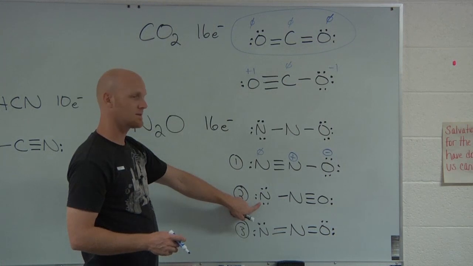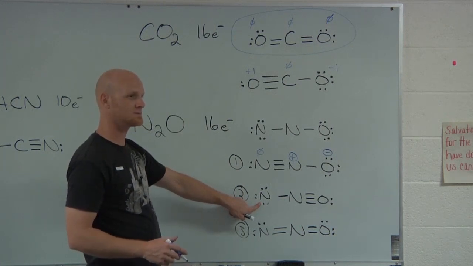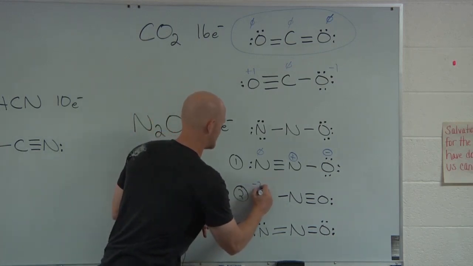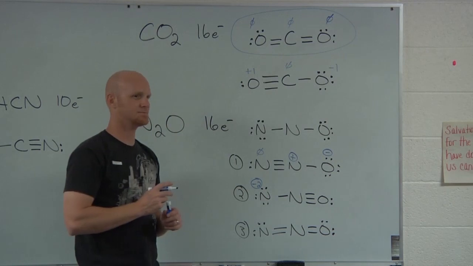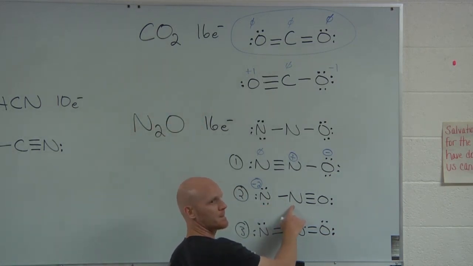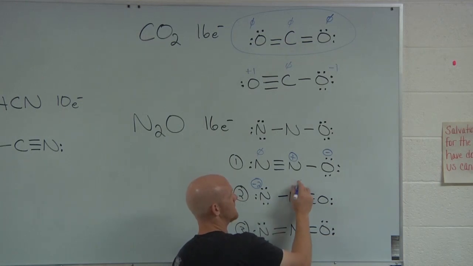So what about here, nitrogen? 5 minus 7. Ooh, -2 charge. That's terrible. So he's probably going to lose. What about this nitrogen here? Plus 1, 5 minus 4. And the oxygen here?